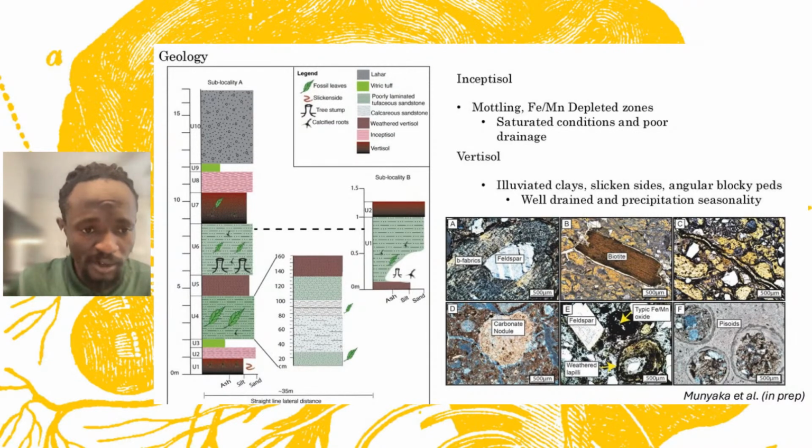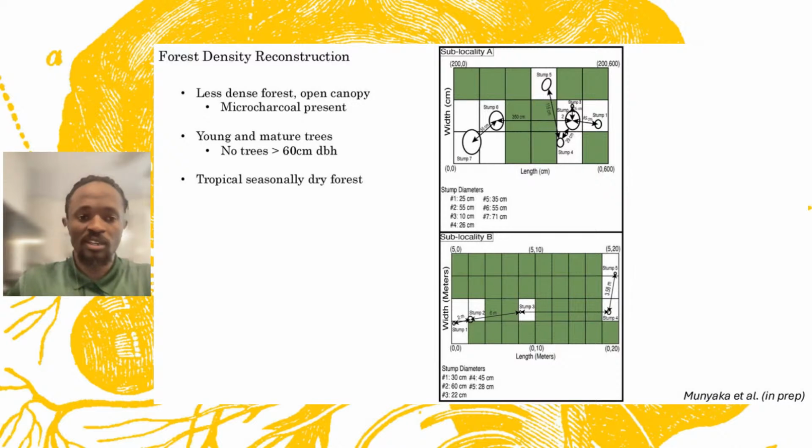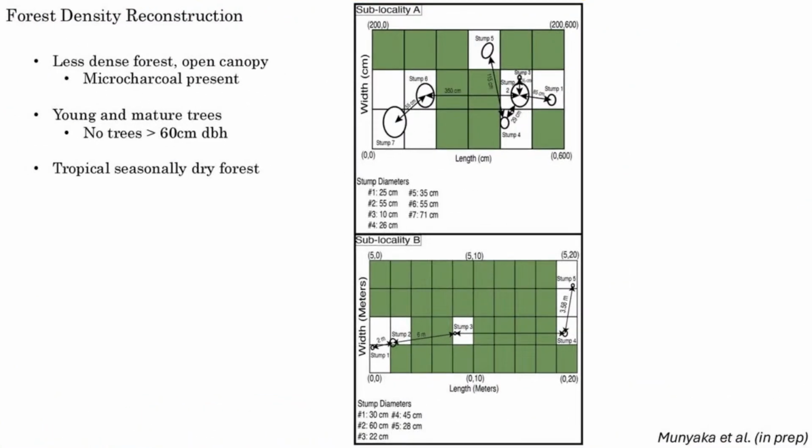So remember, I talked about this unit 6 on this tree stump layer. What we did with that layer is that we spatially plotted all these stumps. You take each stump, take the radius, and then map it on a big region of about 600 meters wide.